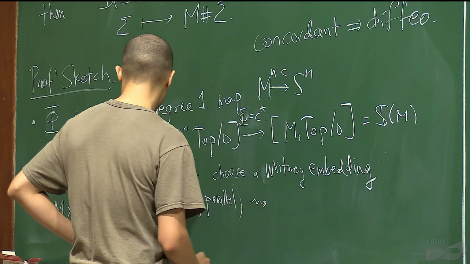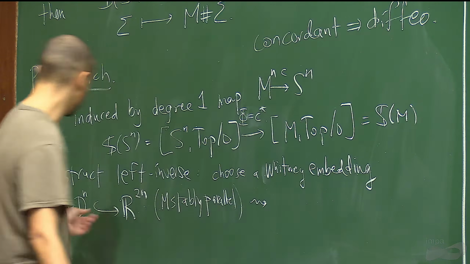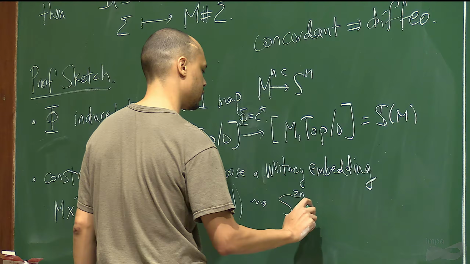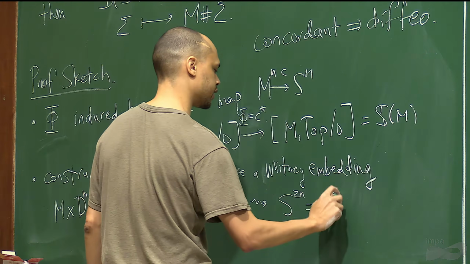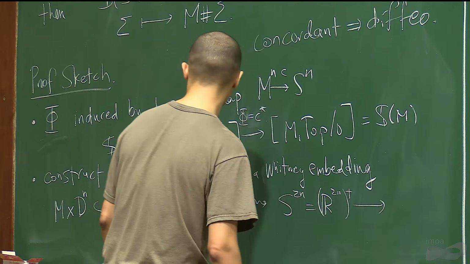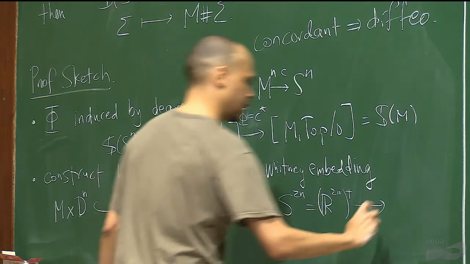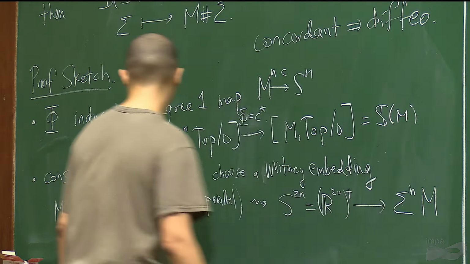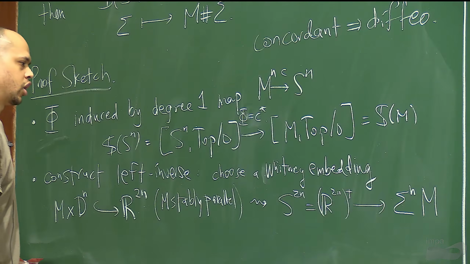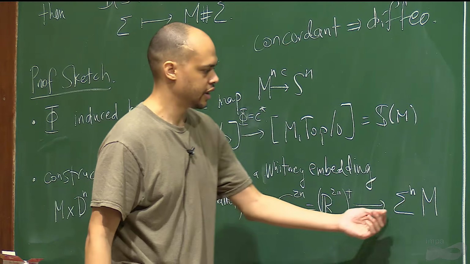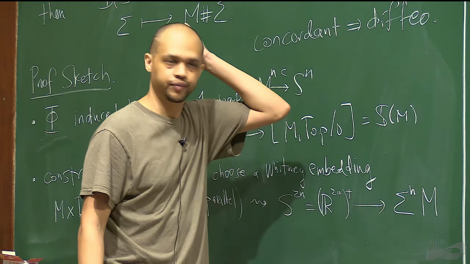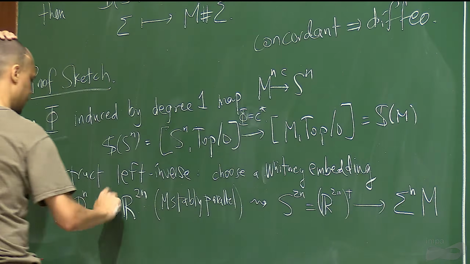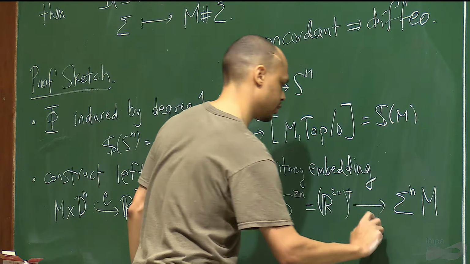And then this induces a map of one-point compactifications. So you get a map from S^2N, which is the one-point compactification of R^2N, to the n-fold suspension of M. So this is the embedding, this is like the dual map.